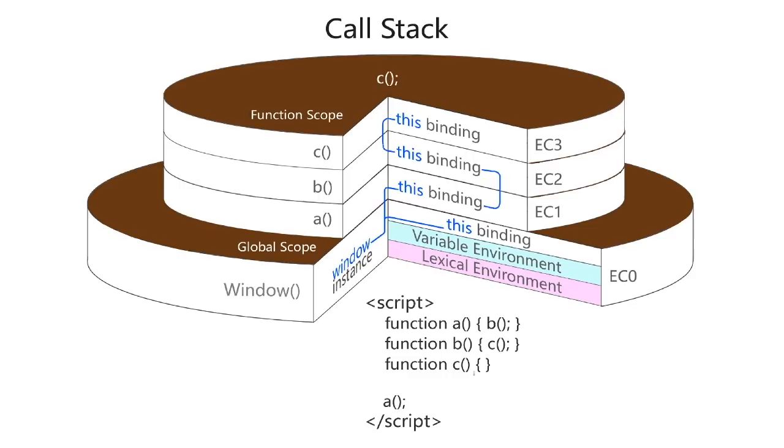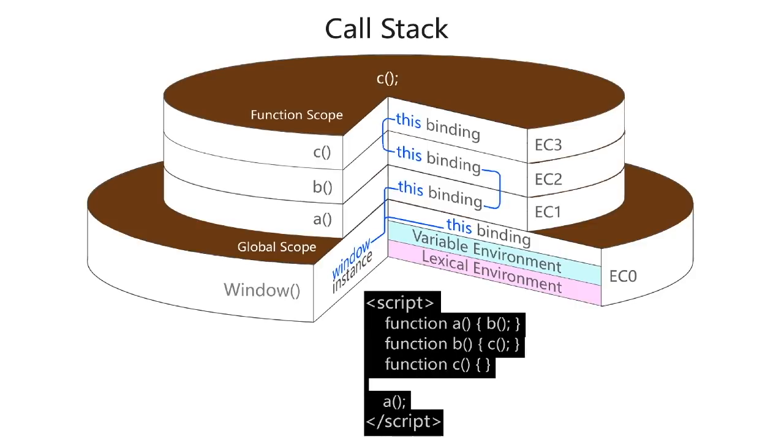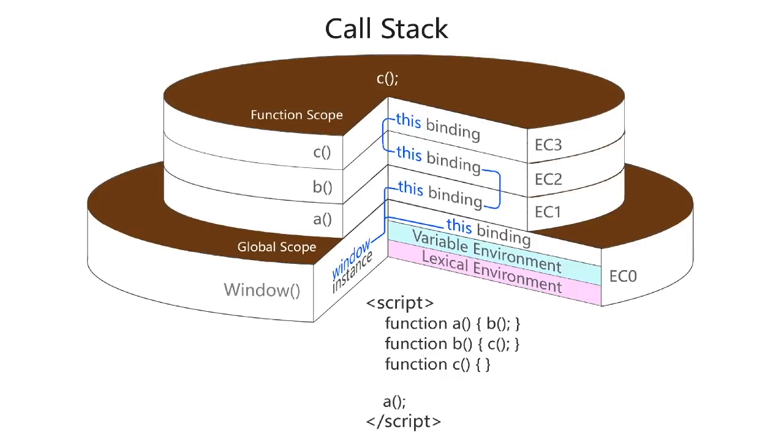And one thing to notice here is because a, the first function, was called within the global scope, you'll have a chain of this bindings all the way up to function C, which is the last one to be called. And within function C, this keyword is chained all the way back to the original window object. Again, because it's called from the global scope.